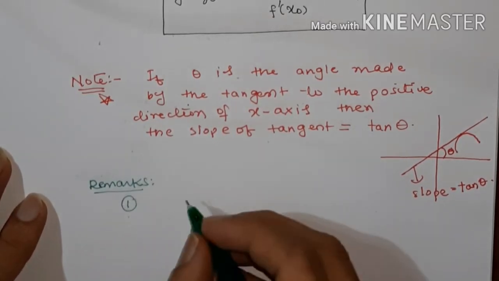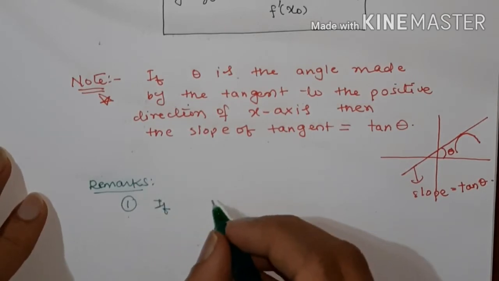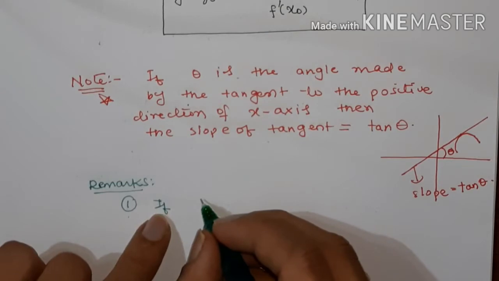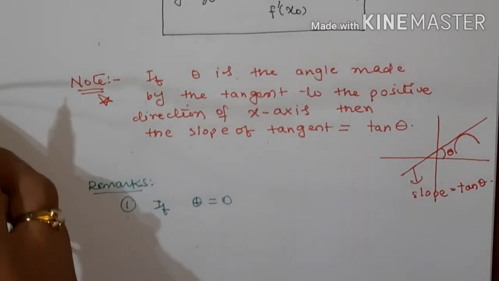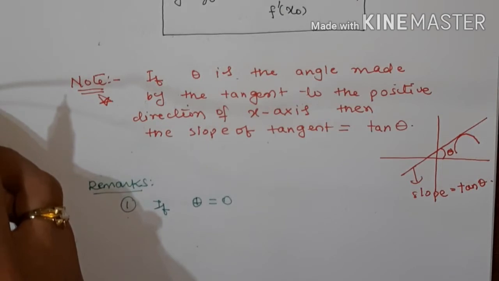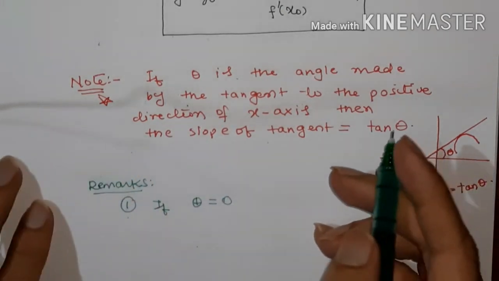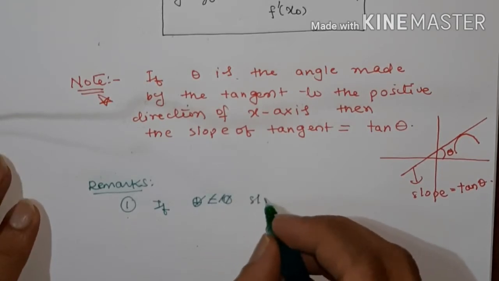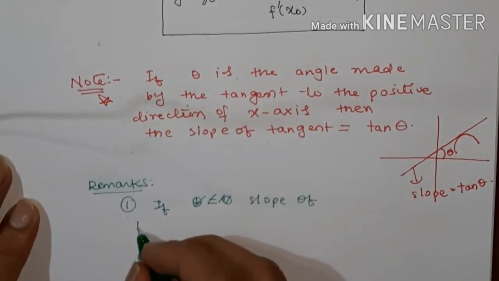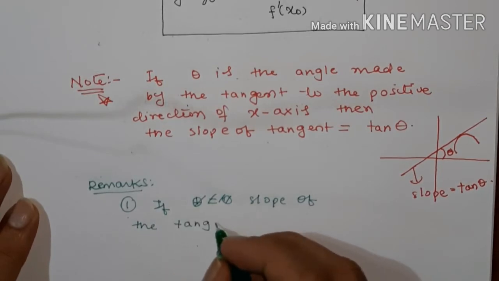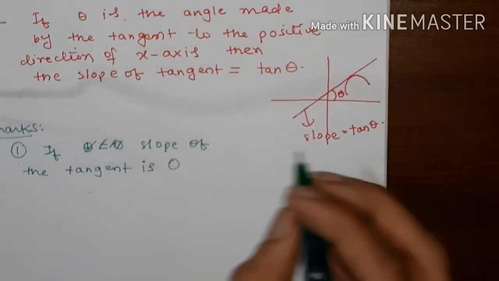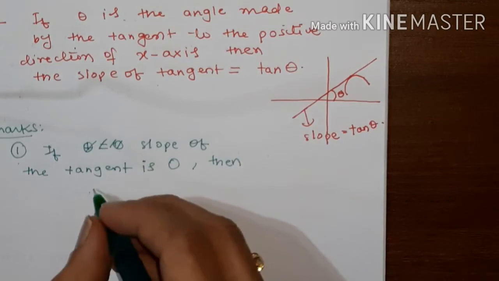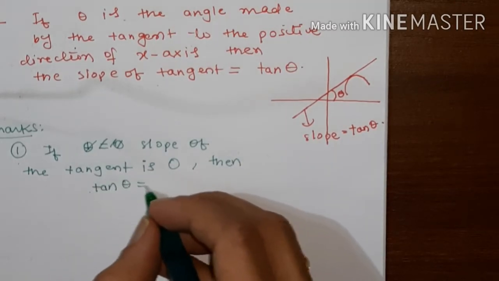The first one is: if theta is equal to 0, or the other way, if the slope of the tangent is 0, then tan theta is equal to 0.